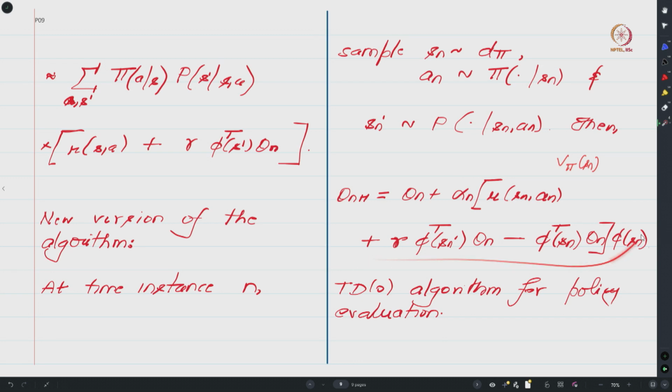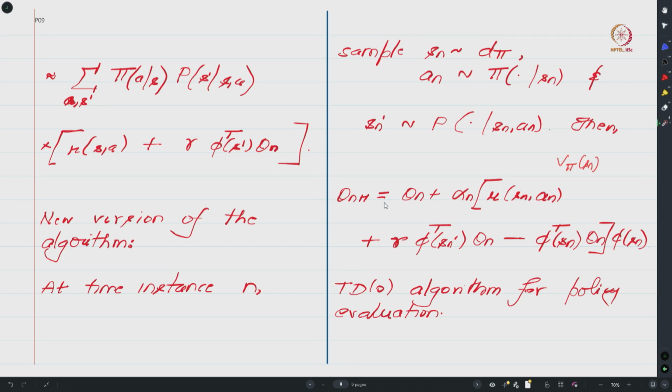Now notice that in this update rule no knowledge of V pi is required. Instead you can take the samples Sn, An and Sn prime, use those samples, compute this immediate reward, compute these inner products, take these sums and differences, and hence compute the square bracket, multiply it by phi of Sn, and then ask, as n becomes larger and larger, can we say something about the limiting behavior of theta n?